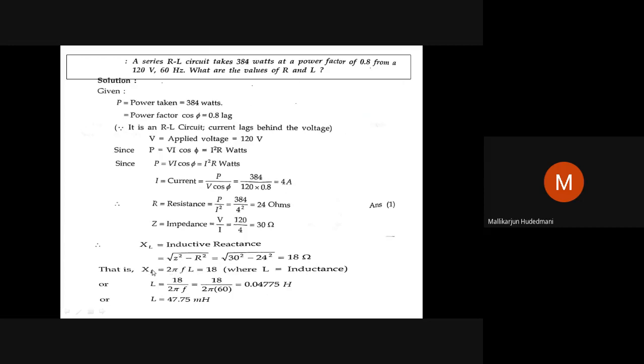XC is what? 1 by 2 pi FC. That equation you should make use of. So using a single problem and your thinking, you can apply how to solve the numerical requirement. This problem is a very simple problem. It is challenging your understanding of RL series connectivity.